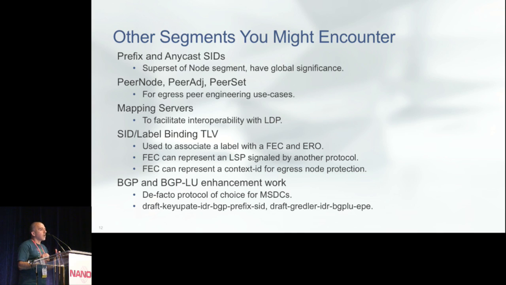You'll also probably discover discussion about mapping servers, which help in achieving interoperability with LDP. You'll also probably discover discussion about SID TLV mapping, which is helpful for achieving interoperability with RSVP. And lastly, you'll probably discover a discussion about incorporating segment routing into BGP, which is sort of the de facto protocol for most large data centers.